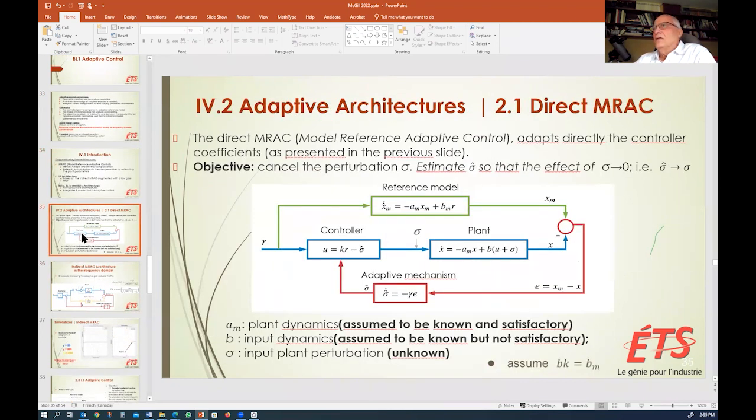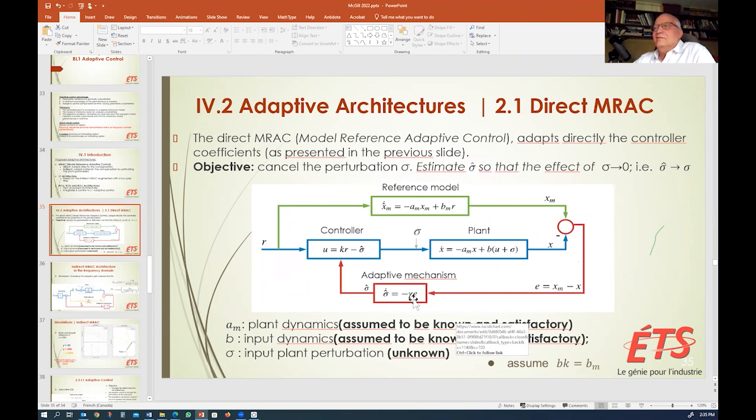So in adaptive control, we have what they call direct MRAC, where you have a reference model and you want your system, with all the perturbations, to emulate this reference model. And the difference is set in a feedback. As you can see here, it's what we call the MIT gain.